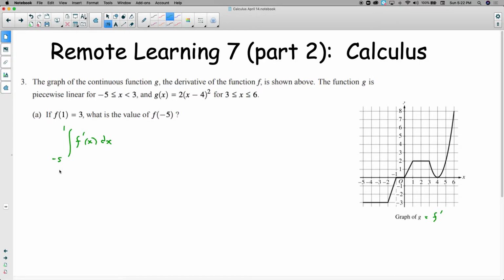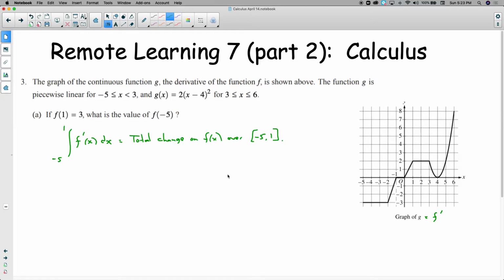And if we know what f is at 1, then we'd be able to find what f was at -5. Okay, so then if we wrap our minds around this integral, it represents the total change in f at x over the interval -5 to 1.